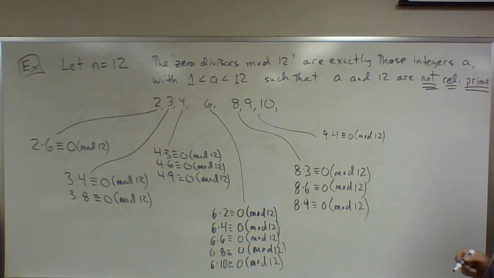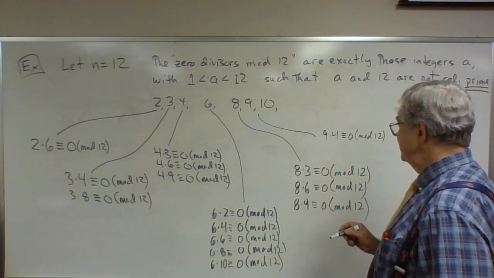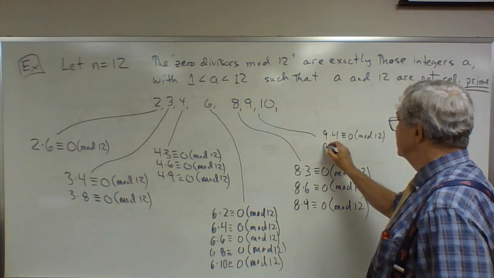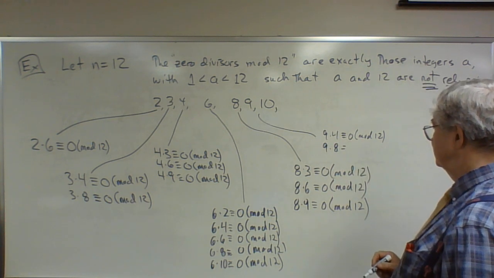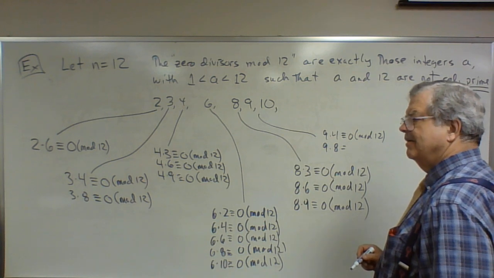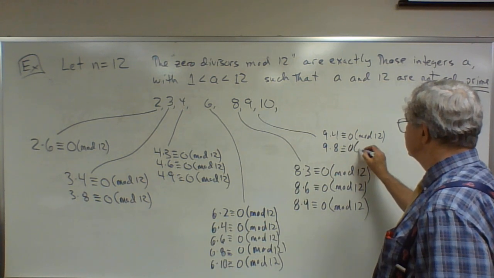Have I seen 9 any other place? So 9 times 8, and we said that was 72, which is 0 mod 12.